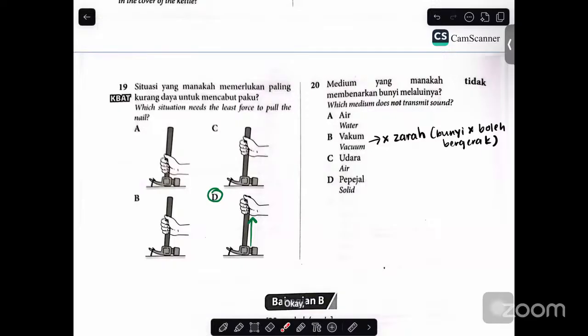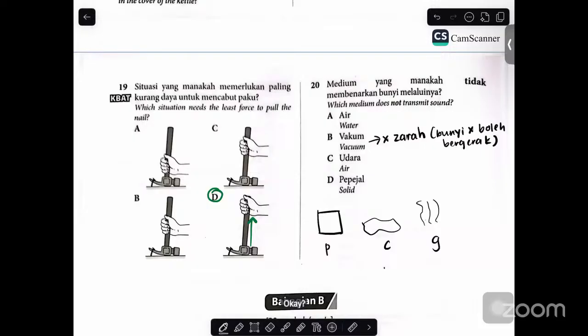Okay. Who doesn't know what is vacuum? Who doesn't know what is vacuum? Okay. Ini pepejal. Okay. Ini cecair. Ini gas. Yang ni faham tak? Pepejal, cecair, gas. Okay?